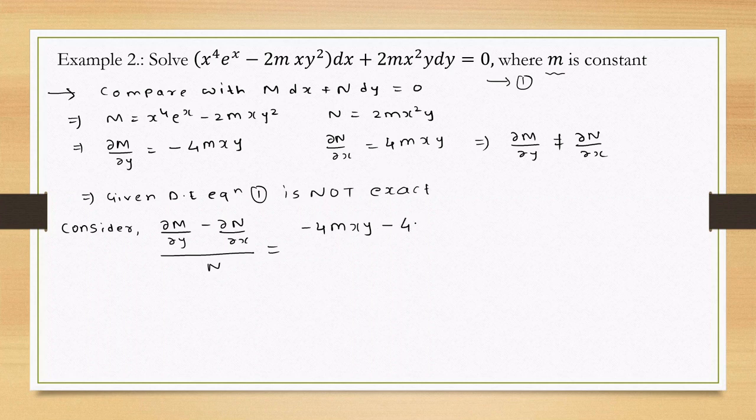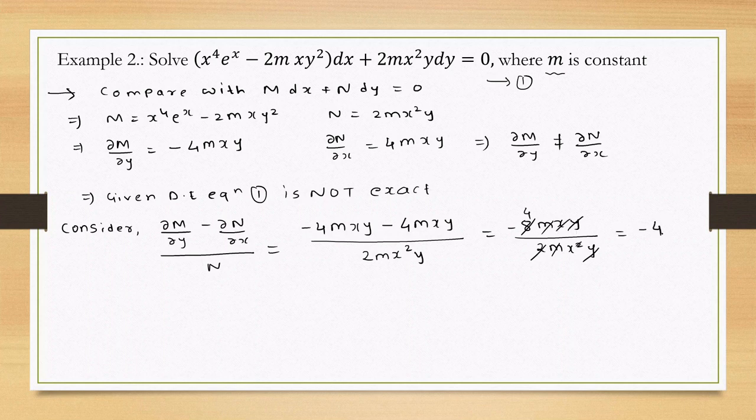It is 4xy, upon, what is N here? N is 2x square y, right? Okay, so it is minus 8xy upon 2x square y. Y gets cancelled, 2 4s are cancelled, and 1 x gets cancelled. So we are remaining with minus 4 upon x.